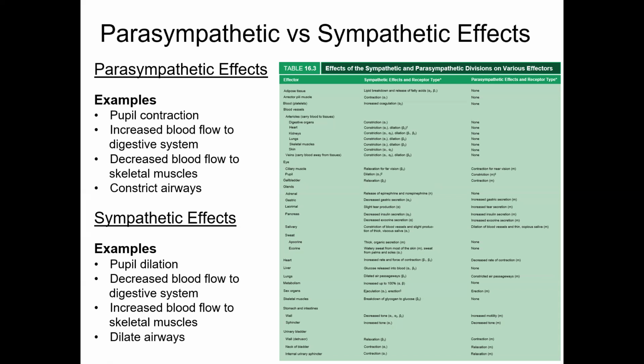For sympathetic, that's going to kind of amp everything up except for the digestive and urinary system. And so some examples that go along with this are listed here below. These are really good examples that you should take a look at in terms of studying.